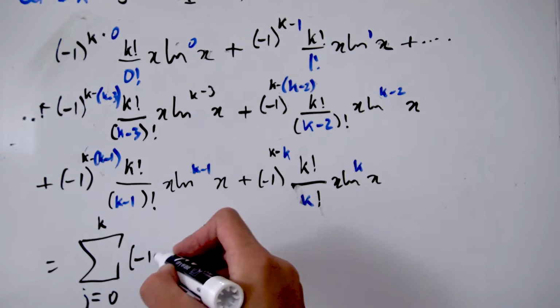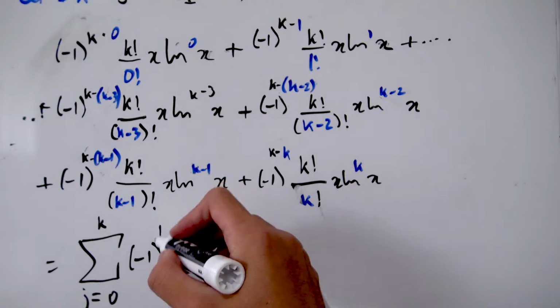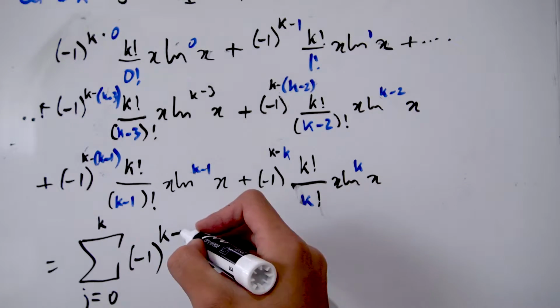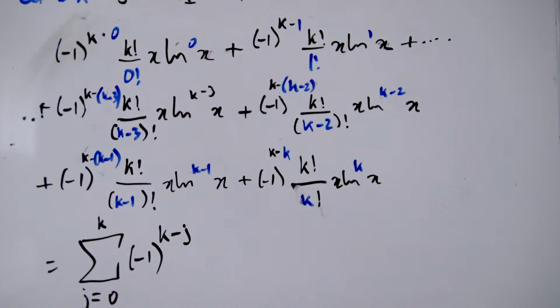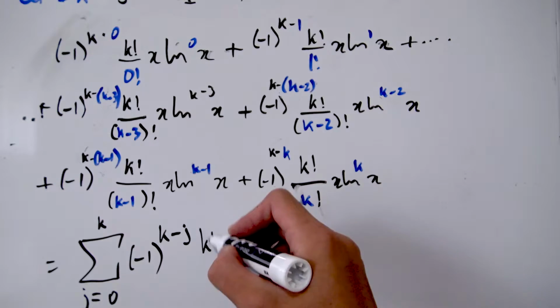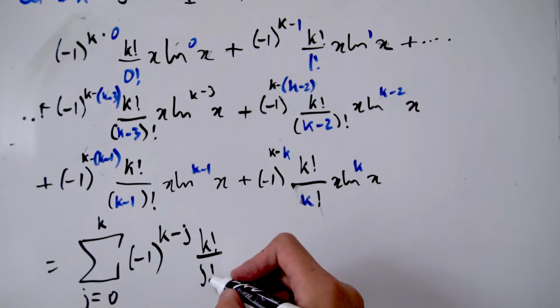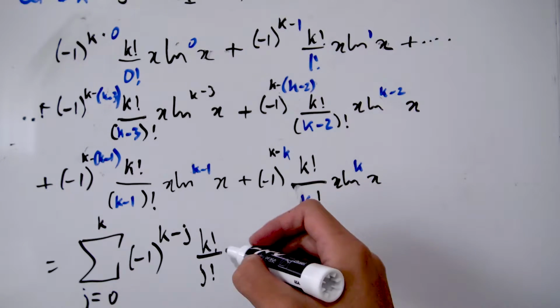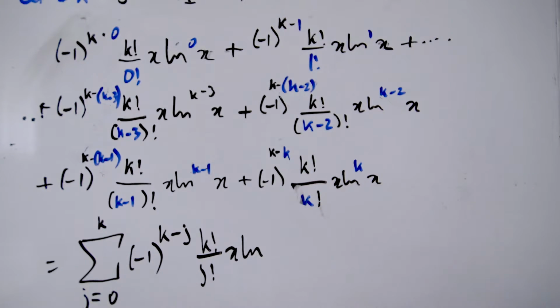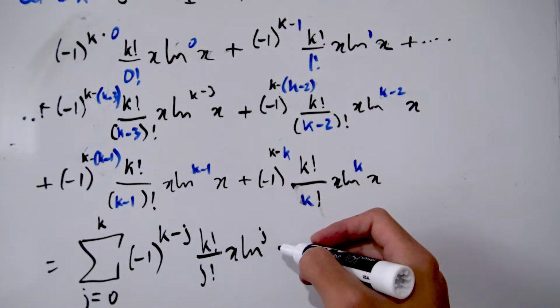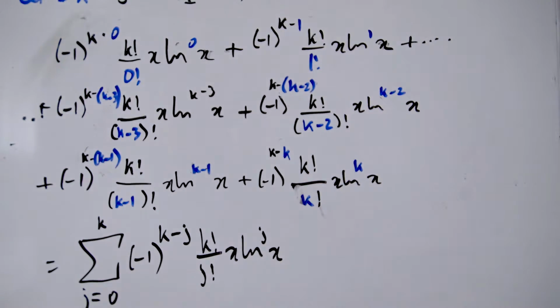So we have -1, and notice we have k minus something, so that's k minus j. And we have k factorial next, and this blue here is j factorial, and then we have x natural log, and this power here is also j, because it's in blue, of x.